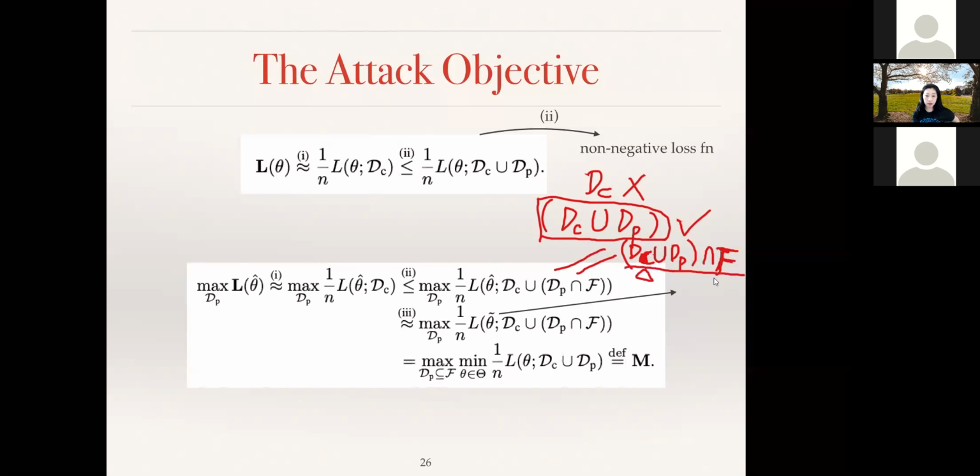One more thing, the middle term here, which is only considering DC. Which one do you refer to? The first. We have markers for each of the inequalities. Okay, here. So this term does not depend on DP, right?